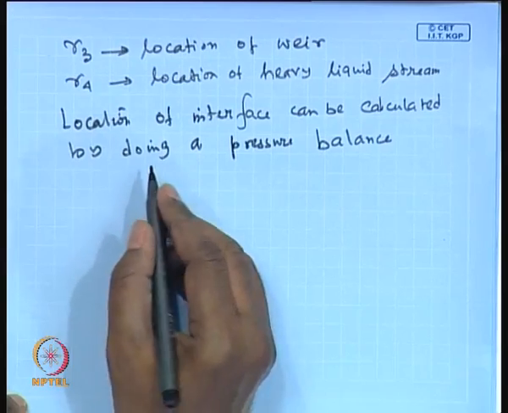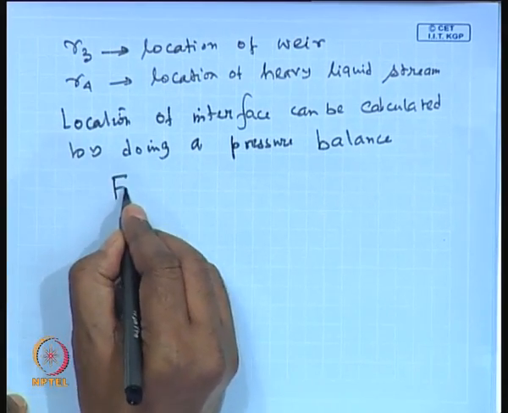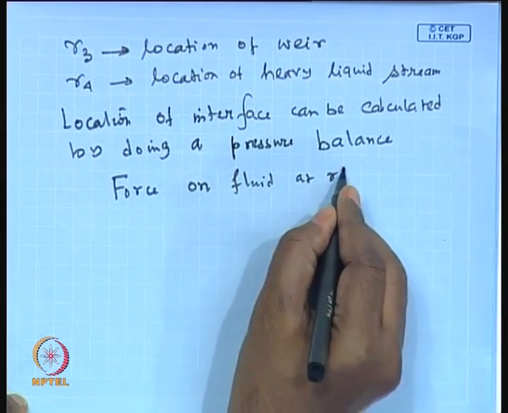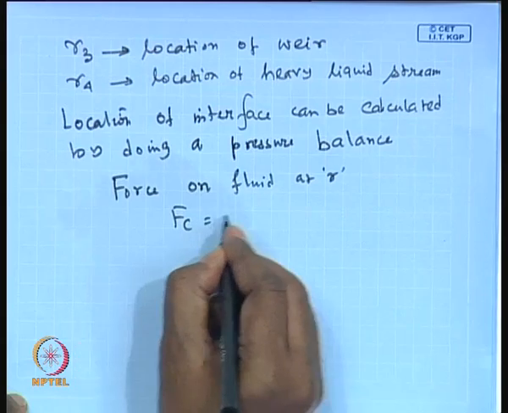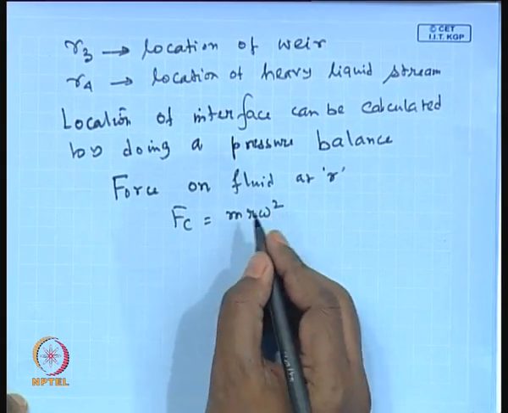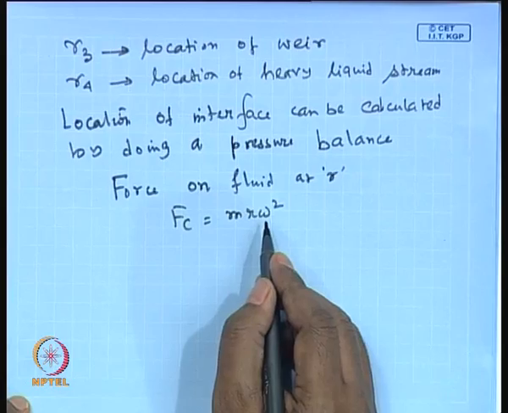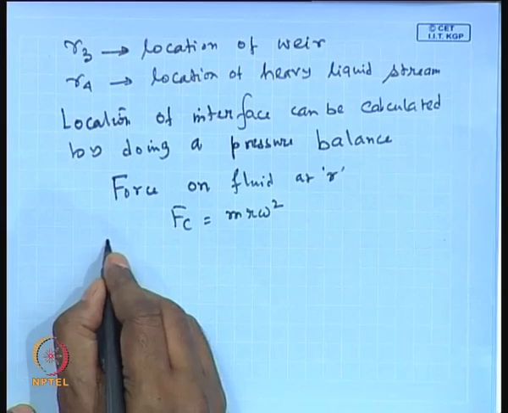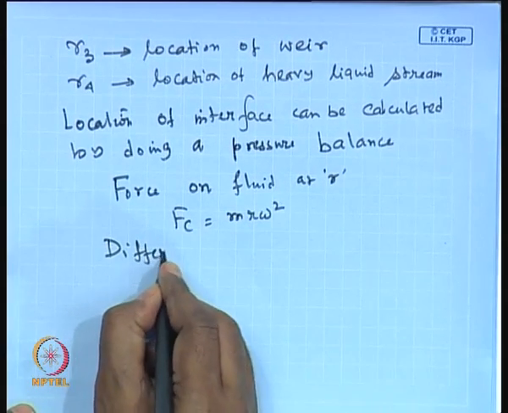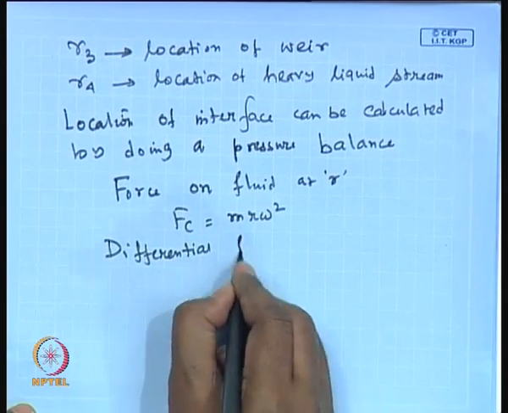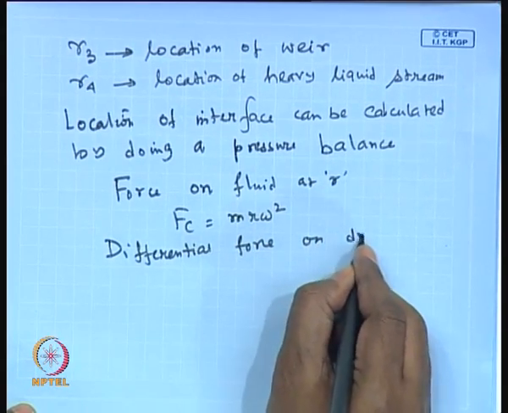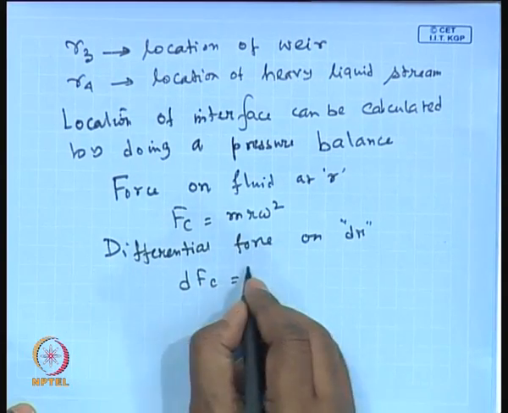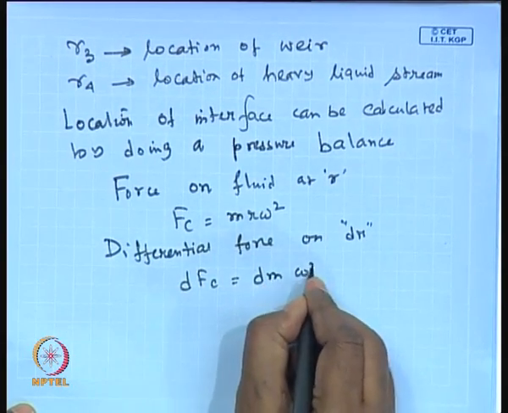Now, the force on the fluid located at a radial location r is given as Fc is equal to m r omega square, m omega square r, that is the mass into acceleration. Now, the differential force over a differential thickness can be expressed as differential force on differential element dr is expressed as dFc equals dm omega square r.